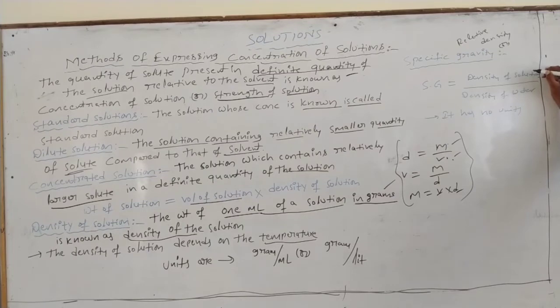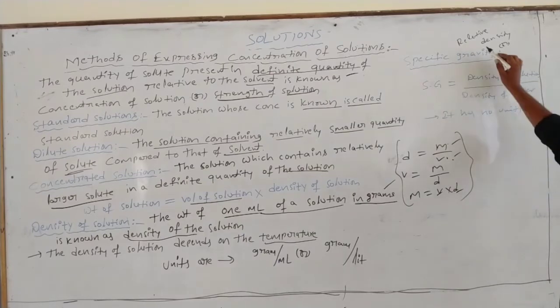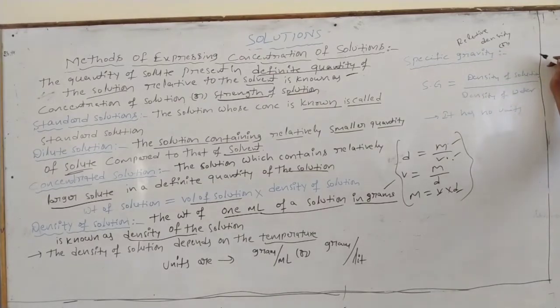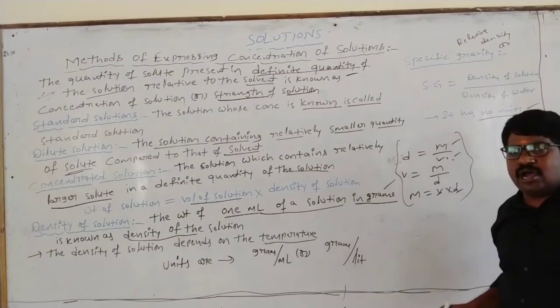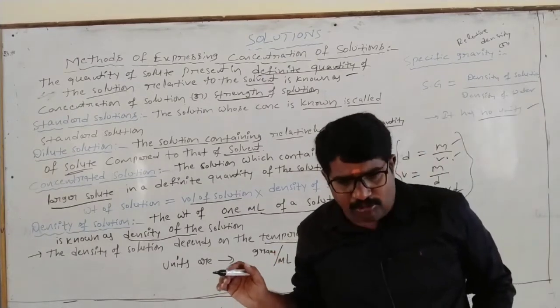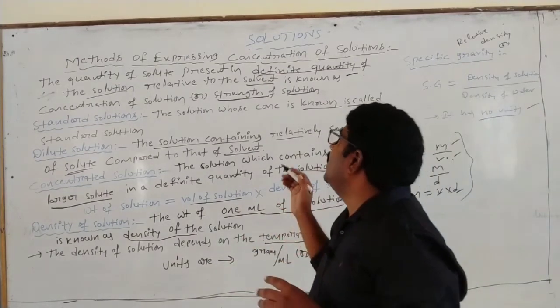So the ratio of the density of the solution and the density of water is called the specific gravity, or relative density, of the solution. It has no units.